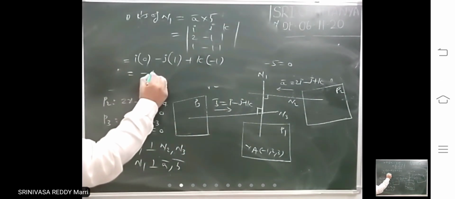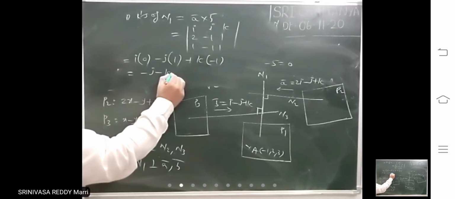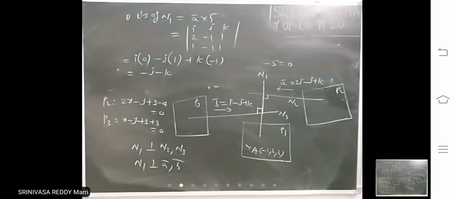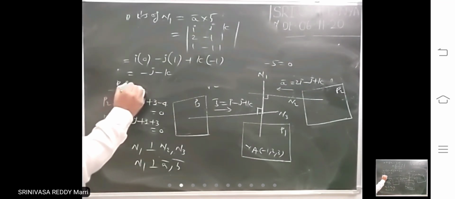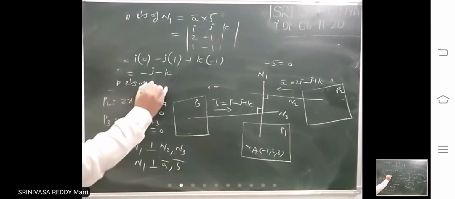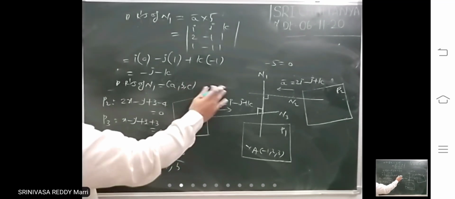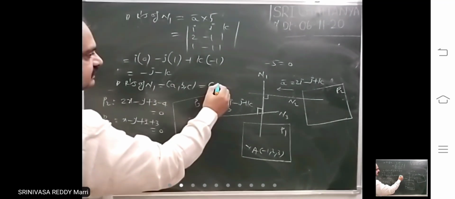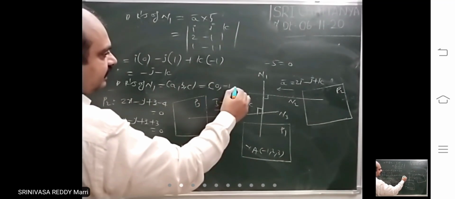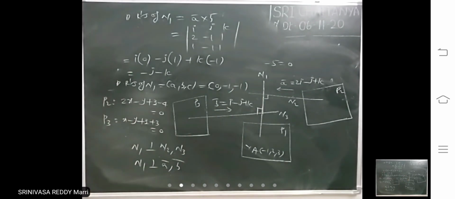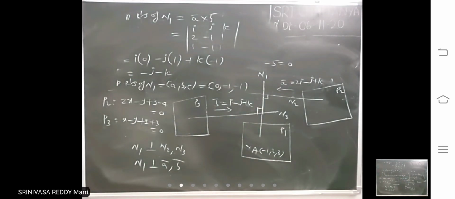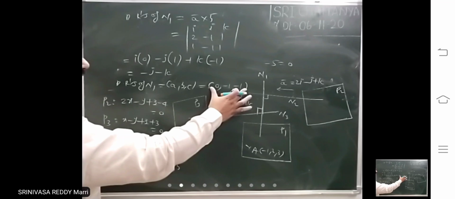That means you are getting minus j minus k. So that means DRs, the same we have calculated previously. A, B, C are what? 0, minus 1, minus 1. The same thing you got.